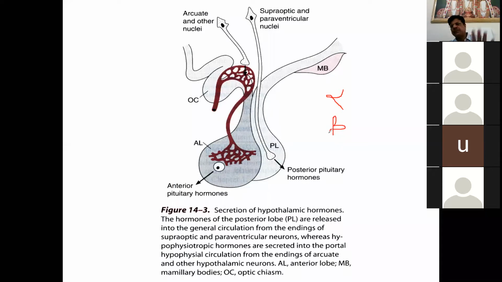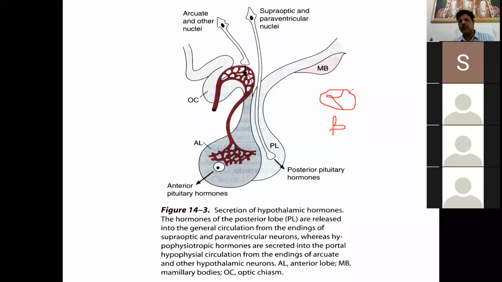The alpha subunit is same in all the 4 hormones. The amino acid number, the sequence of the amino acids is same. The carbohydrate content changes.